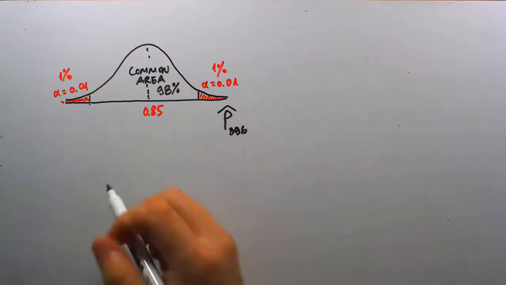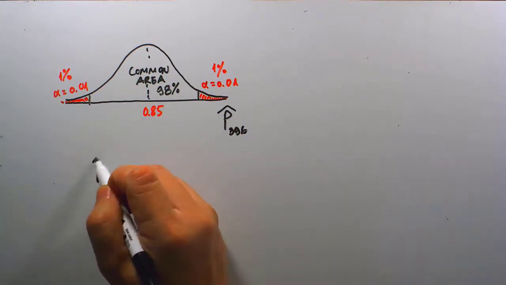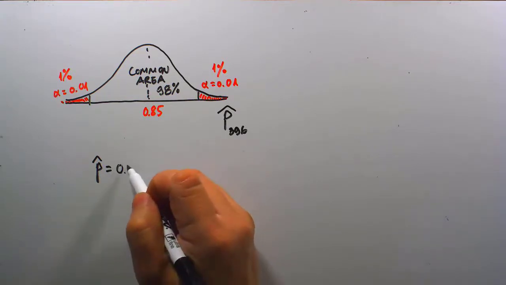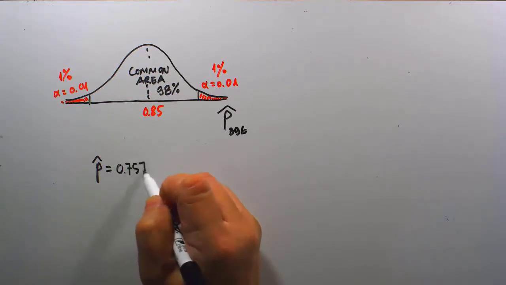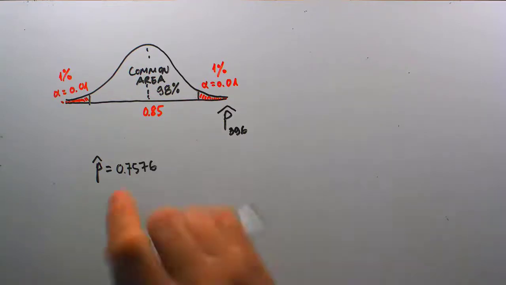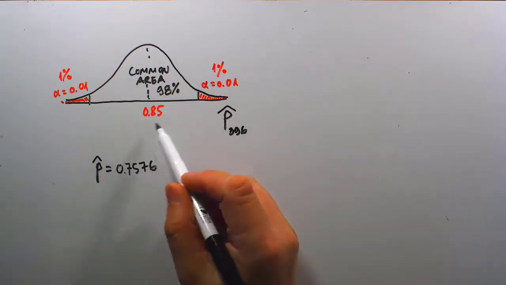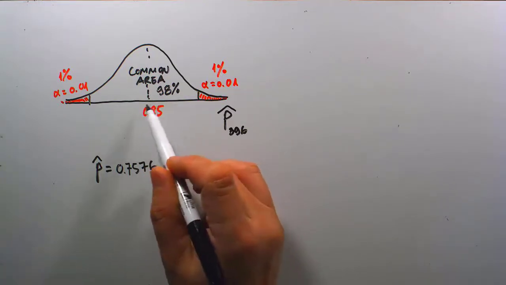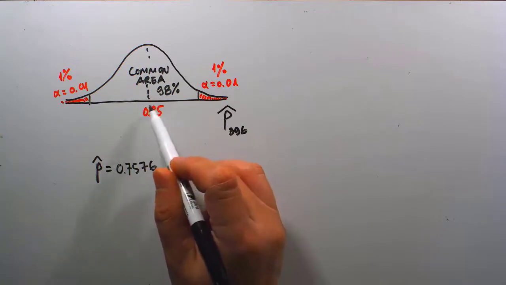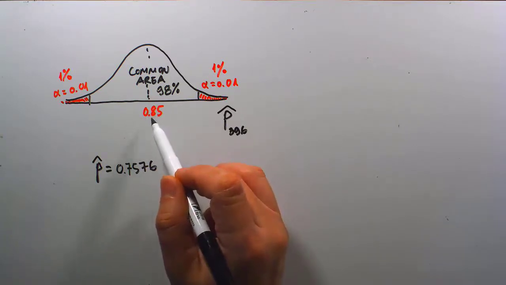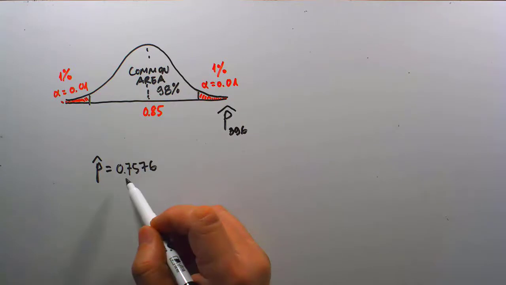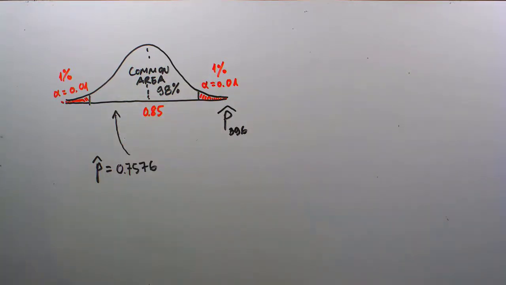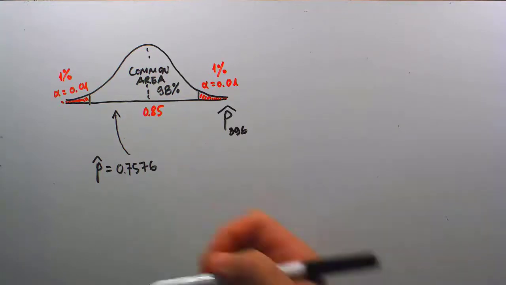And now our sample proportion that we particularly found, in 4 decimal places 0.7576, is clearly lower than the value claimed in our null hypothesis. And remind yourself again, the value claimed in the null hypothesis is right at the center of the bell curve. So from there, this sample is clearly below the value claimed in our null hypothesis.